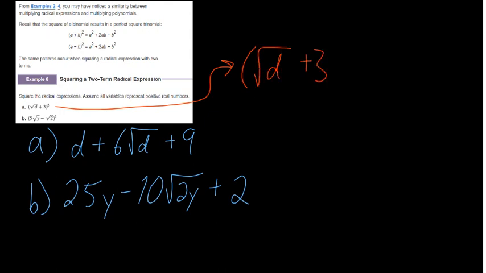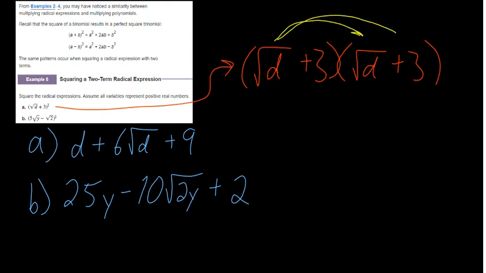if you need to, do this. You're more than welcome to do this, and then do the FOIL process. If you took what I just did and you FOILed it, you would get my solution for A. But again, it's a lot more writing and a lot more time consuming.